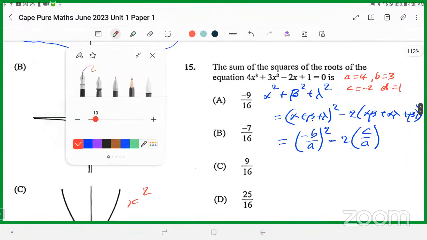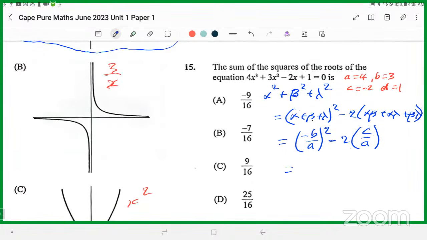So then we're really working out down here: minus b, which is minus 3, over the a, which is 4. Now you're squaring that, minus 2 times the c, which is negative 2, over the a again, which is 4.